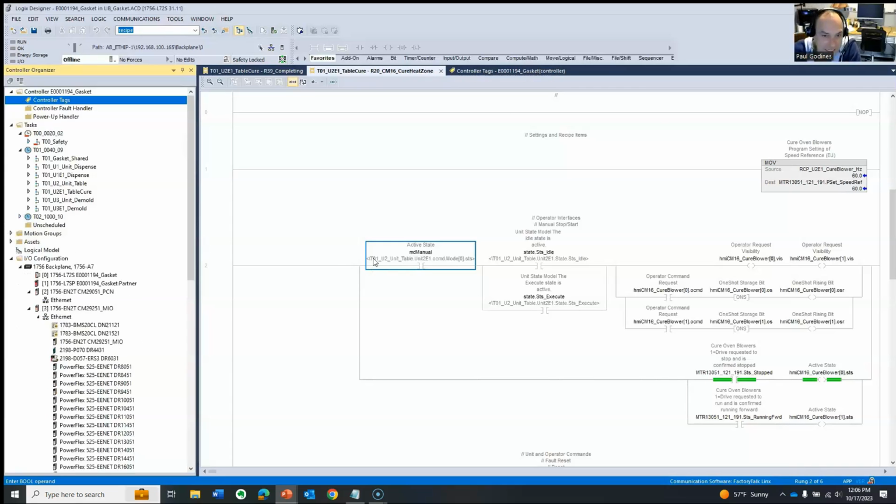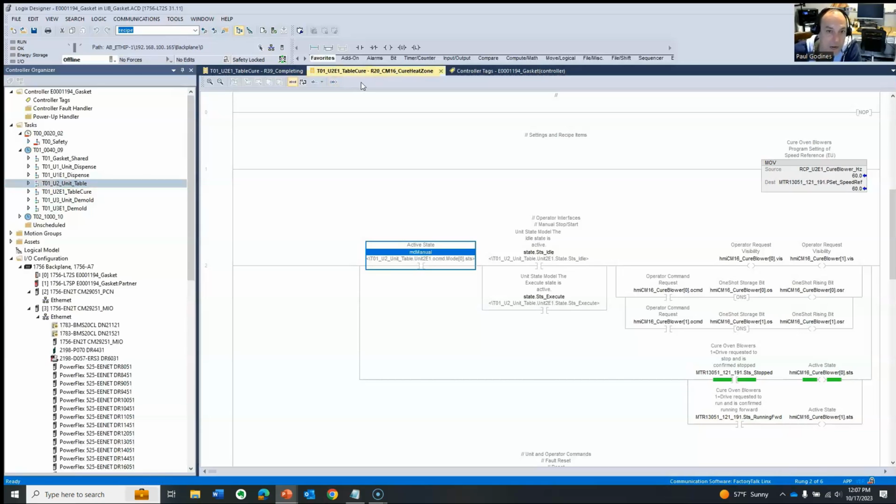Okay, so T01_2 underscore unit underscore table. That's the first thing we need to do. And here I see that right here. So this tag, which happens to be, let's look at what our, let's move that out of the way. All right, we're in R20.